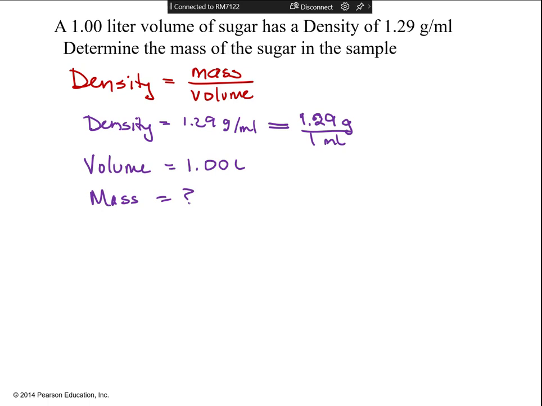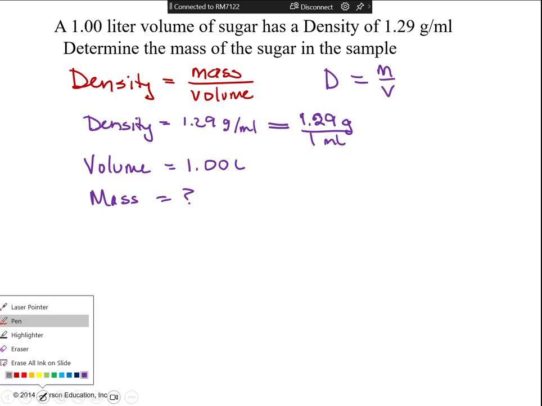And now, if I want to find mass, I have to have mass all by itself in the formula. So see how this formula, and we could simplify the formula and just say D equals M over V. Density equals mass over volume. I got to get mass all by itself. So now you got to think back to how you do some movement of, by what?